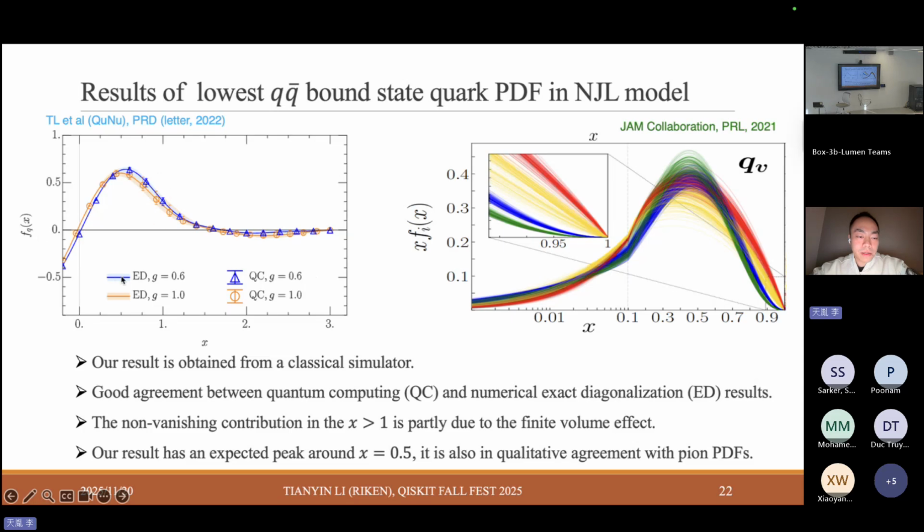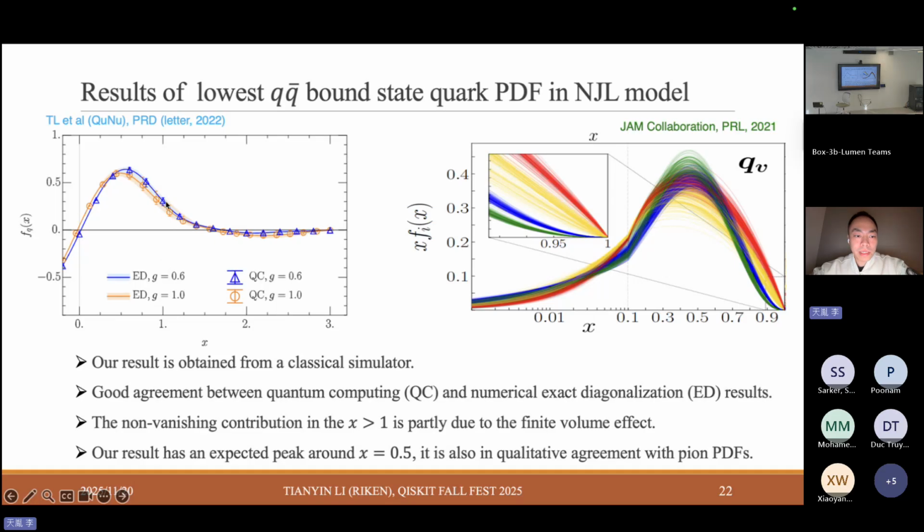In this figure, the solid line here is from the exact diagonalization method, and the data points here are from the classical simulation of the quantum device. And we can see that the results of those two methods agree with each other. So this shows the correctness of our quantum algorithm.